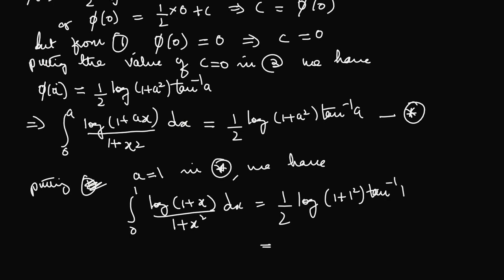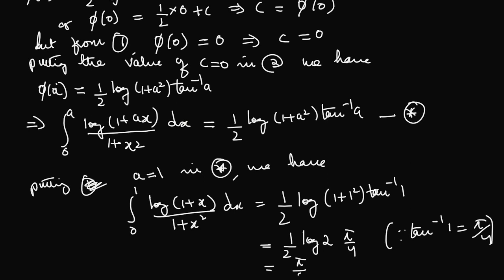So this is equal to half log 2. Tan inverse of 1 is equal to what? It is pi by 4, since tan of pi by 4, that is 45 degrees, is equal to 1. So this is equal to pi by 4 into half, which is pi by 8, into log 2. Hope it is clear now regarding this problem.